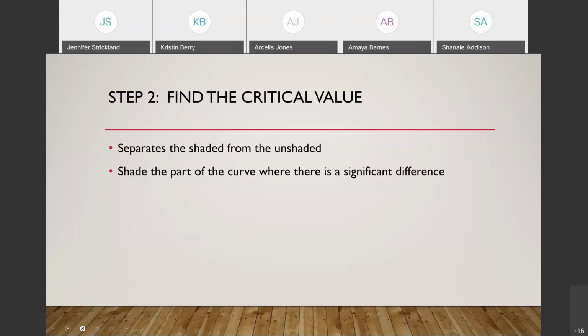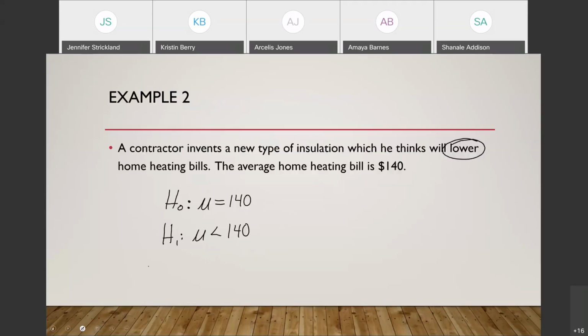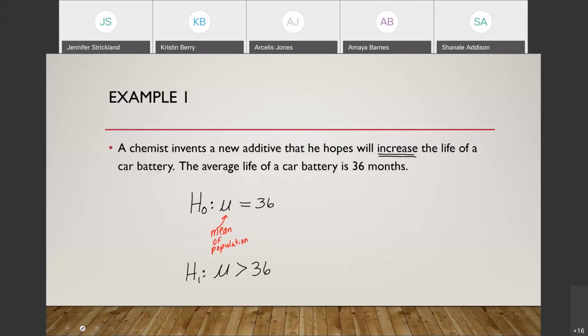All right, so let's go back to the first example. What I'm going to do is draw a curve. Remember, 0 sits in the middle of that curve. Go ahead on your first example and draw yourself a curve.